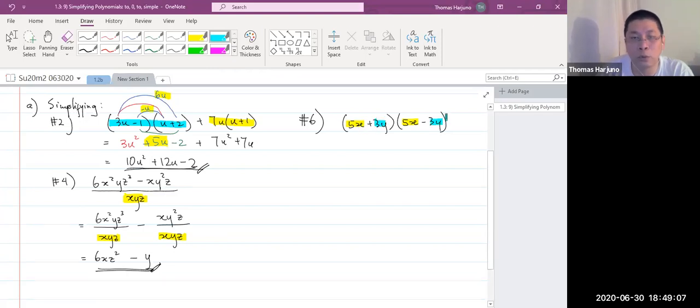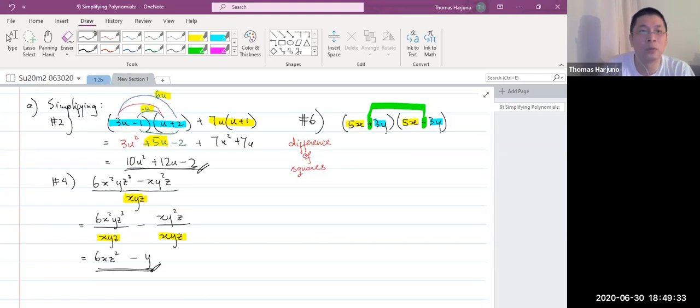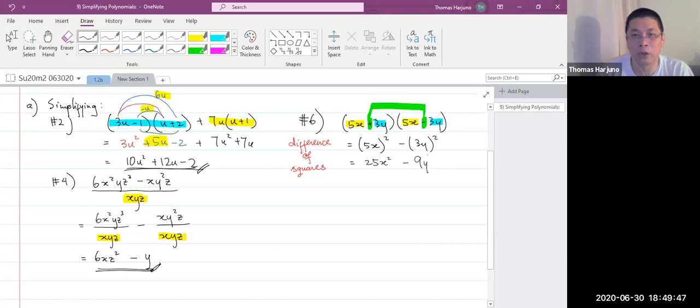So notice that we have two same terms with opposite operation in between. If we have that situation, then we do what we call difference of squares product. So please remember this, which then equals 5x squared minus 3y squared, which will be 25x squared minus 9y squared.